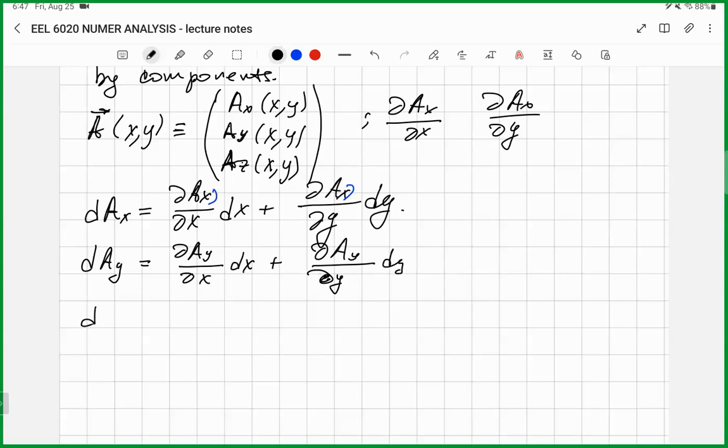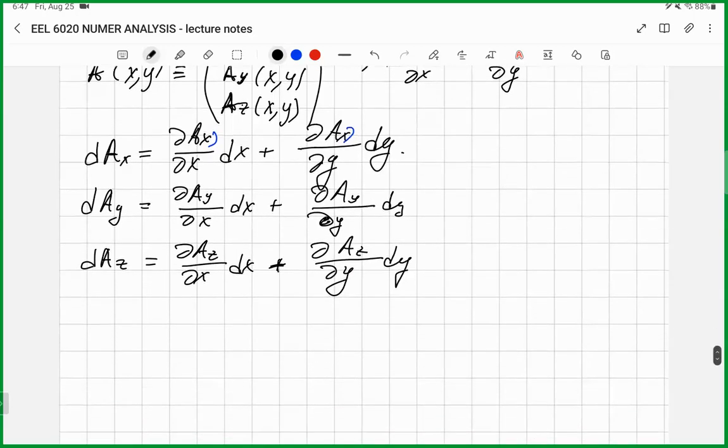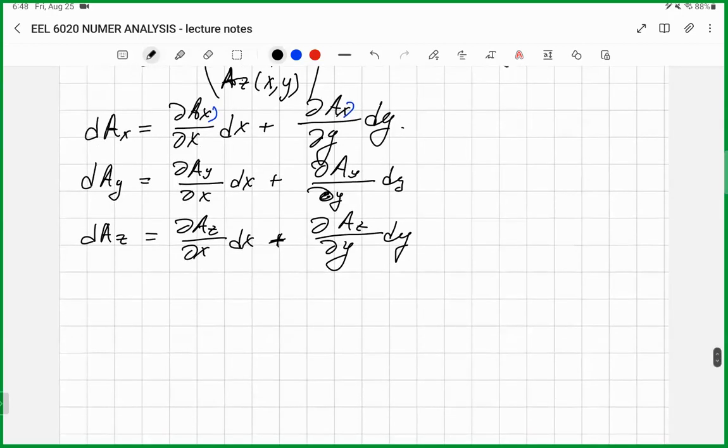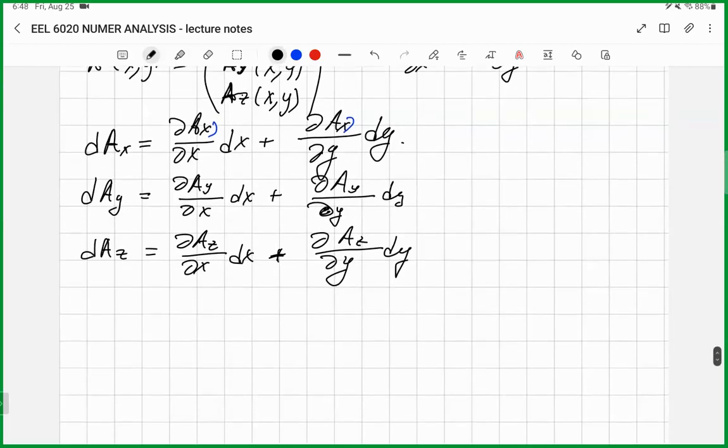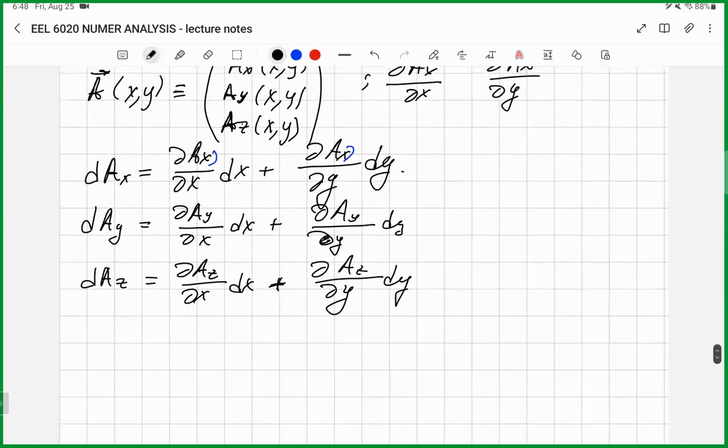And finally, for the last component: dAz over dx dx plus dAz over dy dy. And of course, the vector itself is a function.